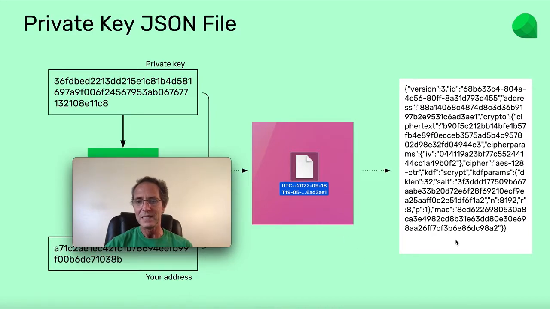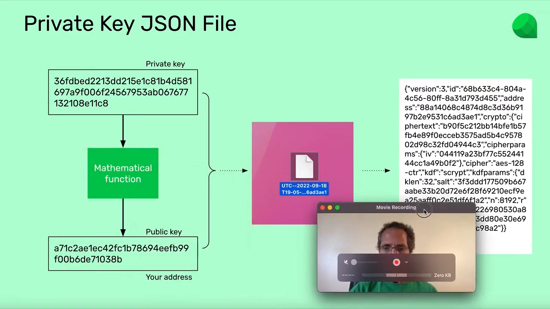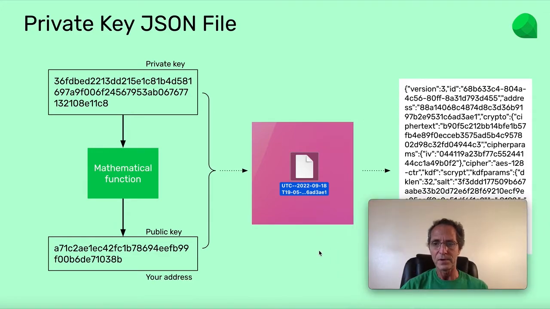So this is meaningless for humans and even for machines, because if they don't have the password, they cannot decrypt this information. So this is the format of the private key JSON file, and many wallets support it, including Emerald Wallet. If you use Emerald Wallet, you could create addresses and wallets using your private key JSON files.